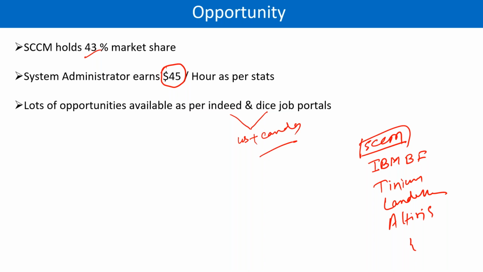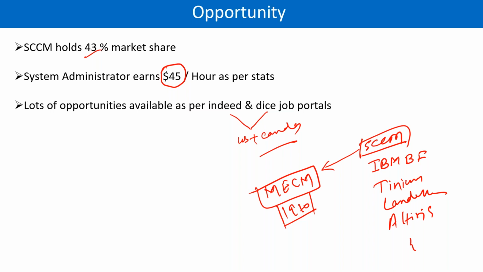Now, one more thing I missed to update you guys. The name has changed from SCCM to MECM, Microsoft Endpoint Configuration Manager, starting from 1910. Last year, in October, they changed the name of SCCM to MECM.